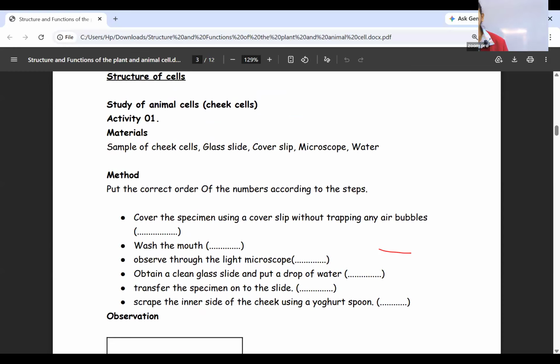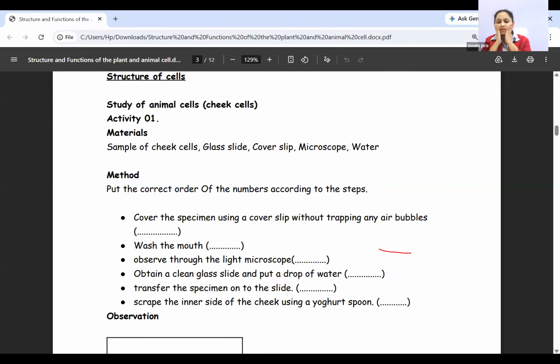I have given you an activity with the order of the practical given in an incorrect order. You have to find that, and put the numbers according to the correct order. Now just observe this one. Study of animal cells. We are observing the cheek cell.